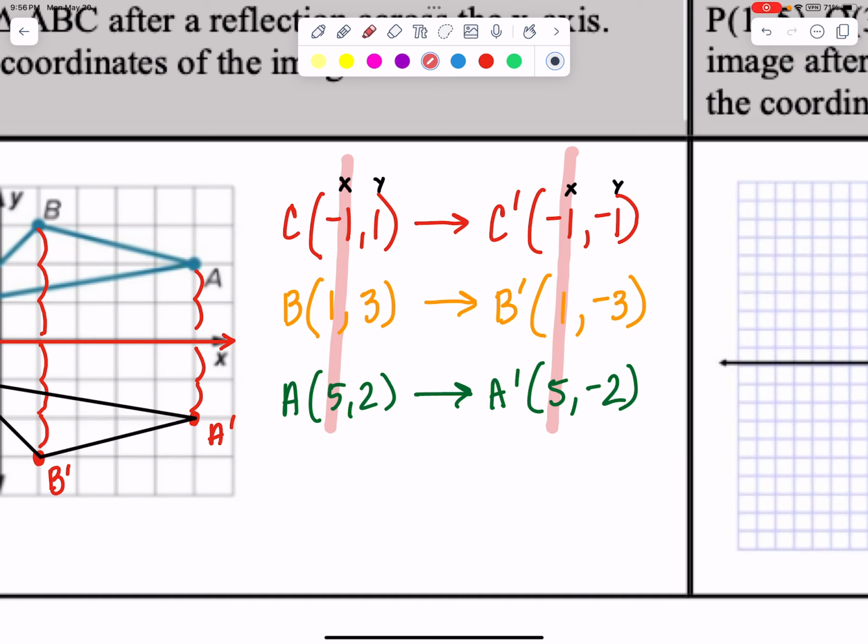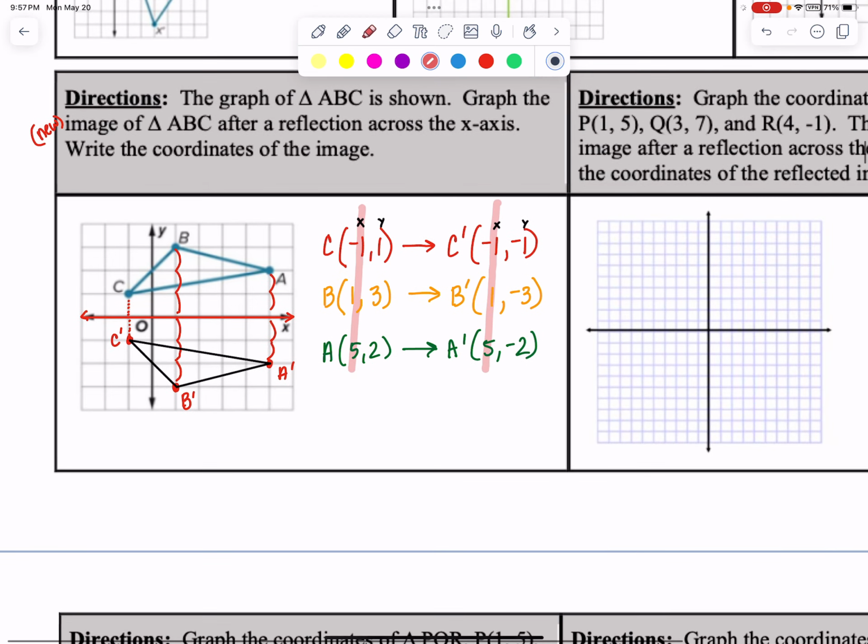Reflect across the x, x stays the same, stays the same. Reflect across the x, x stays the same, but y must change its sign. That didn't go very well, but you can laugh at home without me hearing it, which will make me feel better. You got the idea. Obviously, I couldn't do that very well. All right, so when you're reflecting across the x, x stays the same, but y must change its sign.